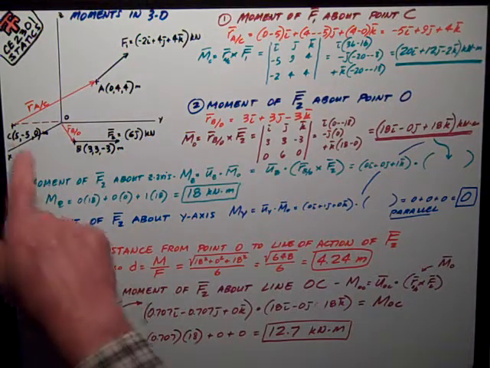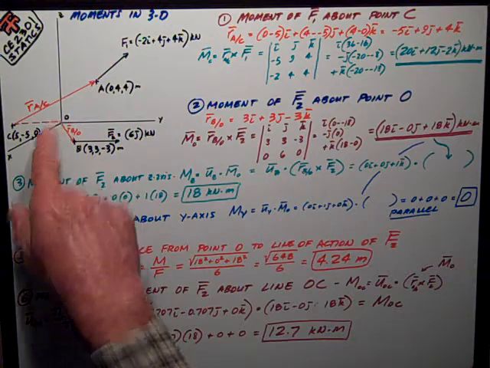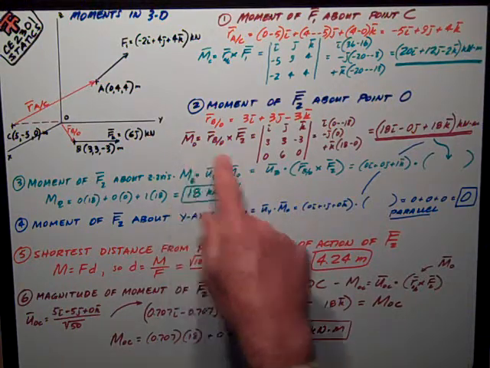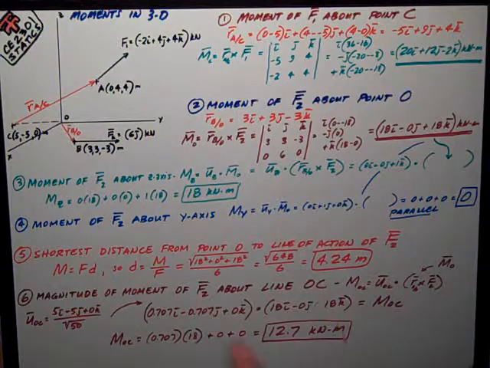I want to do the easy one, 5, negative 5, and 0. Subtract 0 from all those, I get that. Divide by the square root of the sum of the squares. Here's my unit vector, U O C, which I want to dot with M O, which I've got up here, the moment of force F2 about point O.